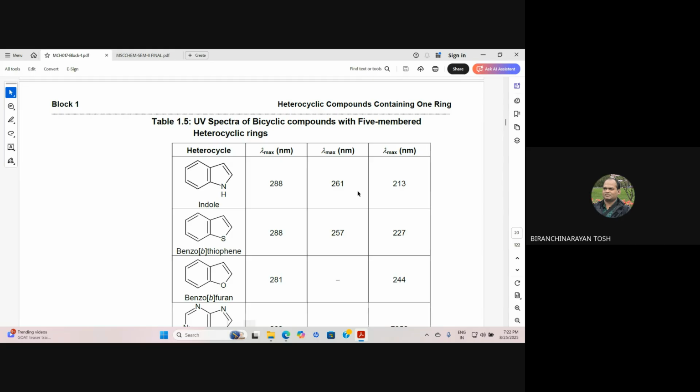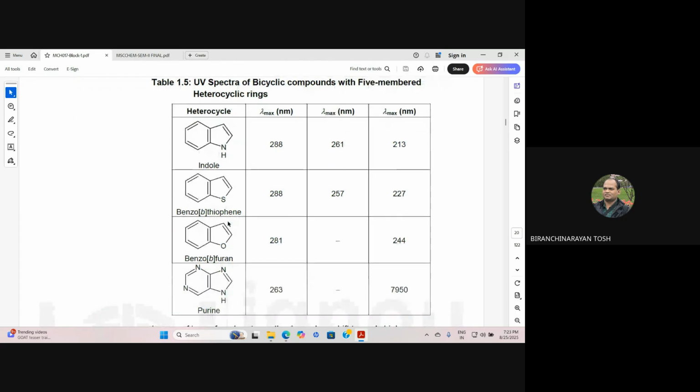In the case of this system, the lambda max value shifts towards the higher wavelength. For example, if you take benzothiophene, it absorbs at 288, 257, and 227.